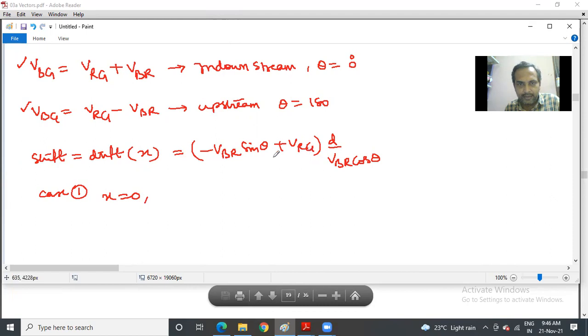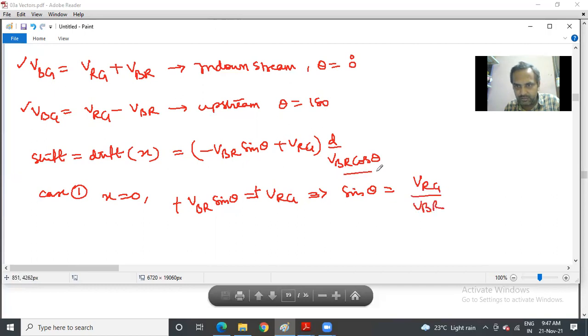With what angle must he row his boat? You will get minus VBR sin theta is equal to just VRG, because this part will get cancelled. So sin theta is equal to VRG by VBR. Based on this equation you got the angle.